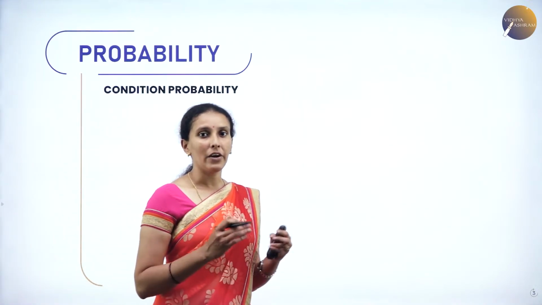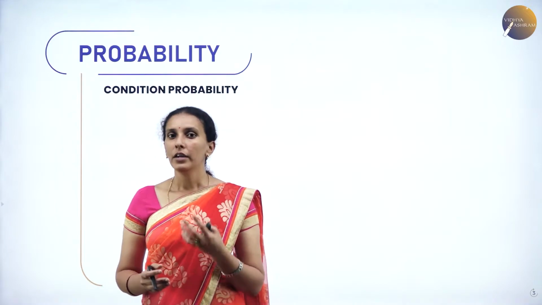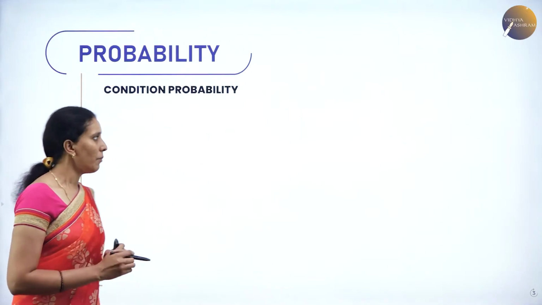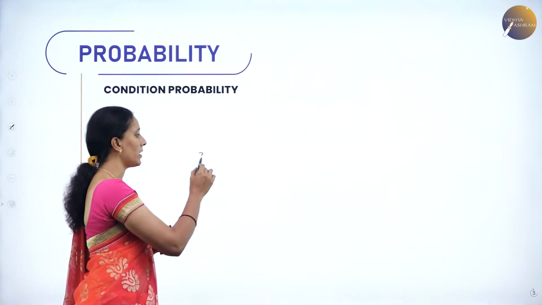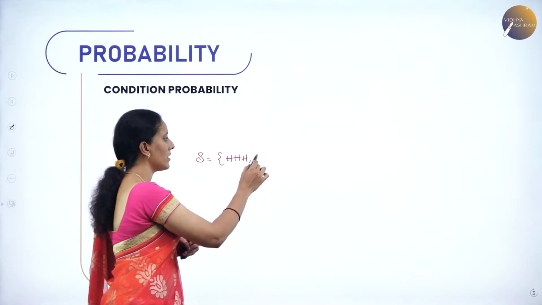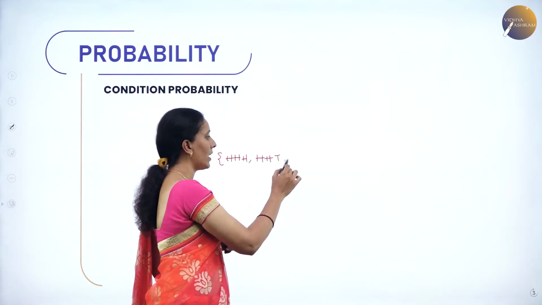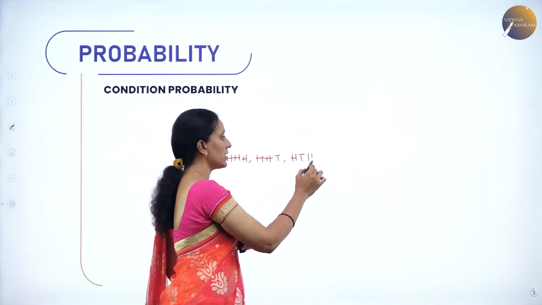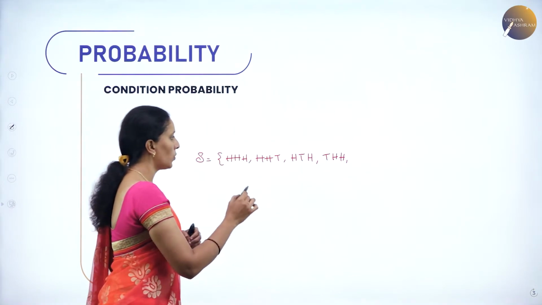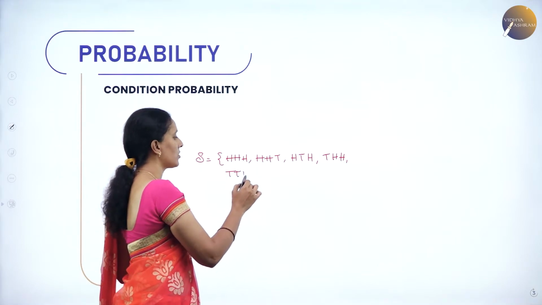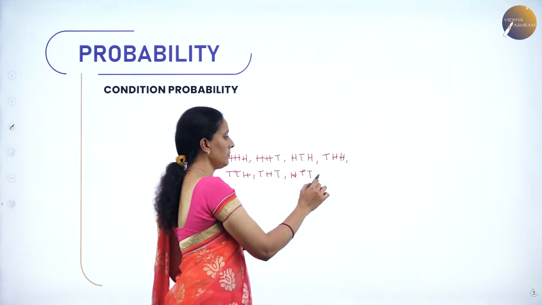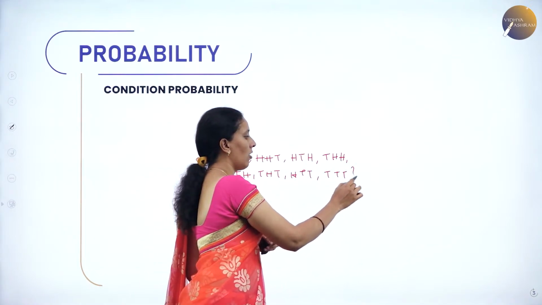When I take a random experiment of a coin tossed 3 times, or 3 coins tossed at a time, the sample space of this experiment will be S: HHH, that is 3 heads; 2 heads and 1 tail in the form HHT, HTH, THH; and 2 tails, that is TTH, THT or HTT; and all 3 tails, TTT.